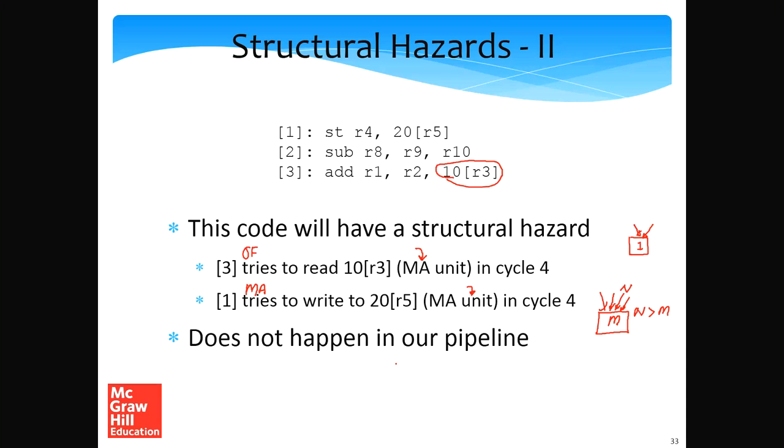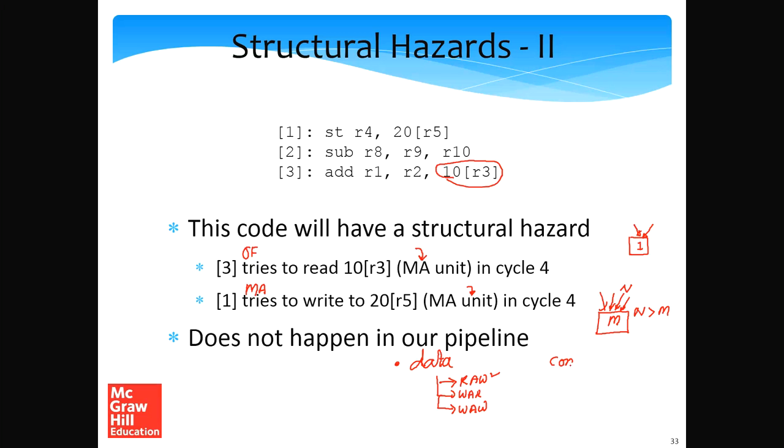So to summarize, the three kinds of hazards are once again data hazards. Data hazards, again, are of three kinds: read after write, write after read, and write after write. In our pipeline, only the read after write hazard will happen, the other two will not happen.